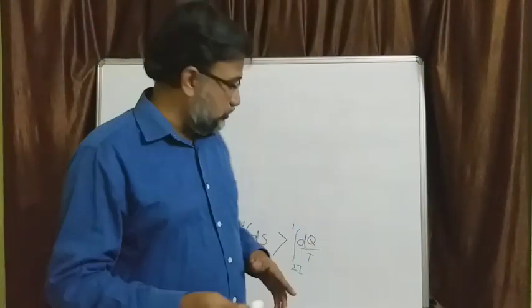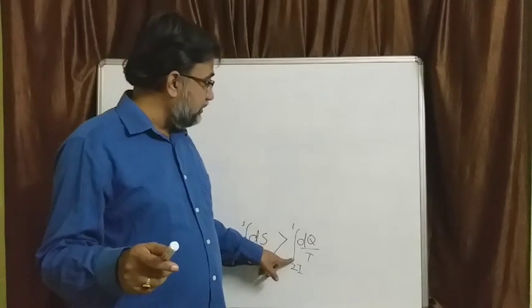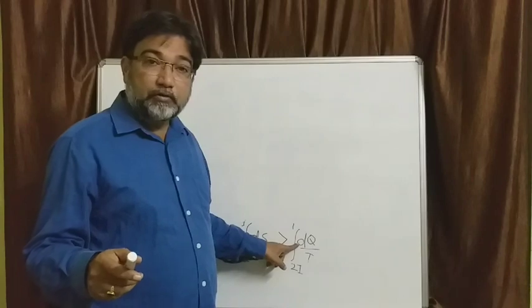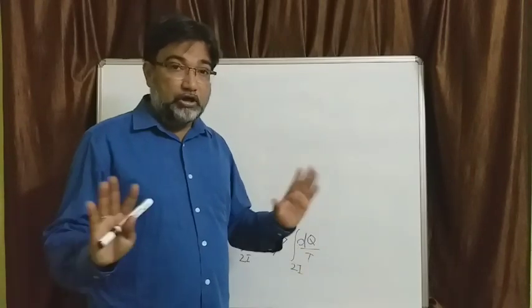When the process is irreversible, we just saw that the change in entropy ds is greater than the term dq by t. So sometimes it is equal to dq by t quantitatively only, not in terms of its nature. In terms of its nature they are totally different.